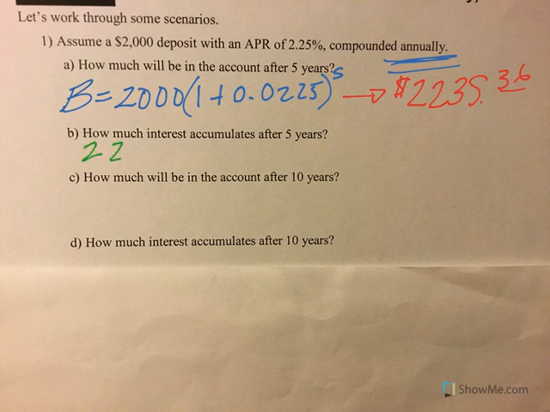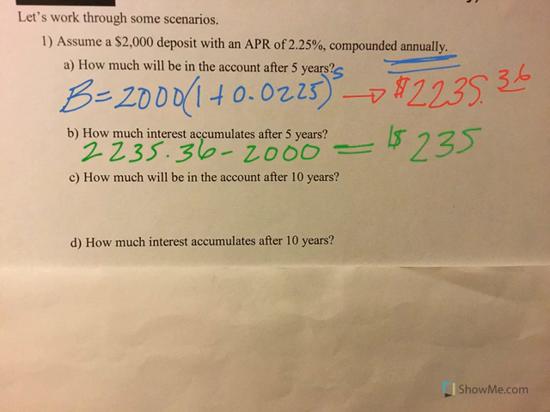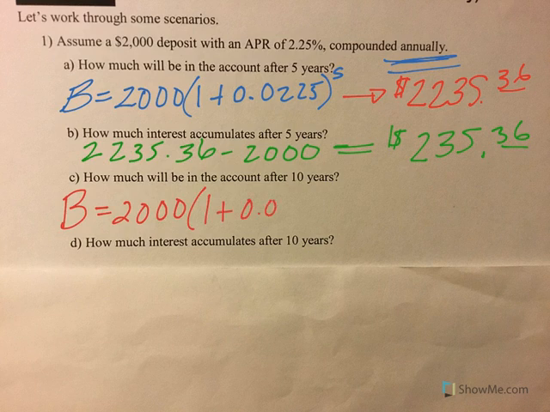So how much interest did I accumulate? Well, if I ended with $2,235.36 and I started with $2,000, the difference between what I started with and what I ended with is my interest, $235.36. All right, let's do the same problem, but let's talk about 10 years. So my ending balance is my principal, 1 plus my interest rate, raised to the 10th power.